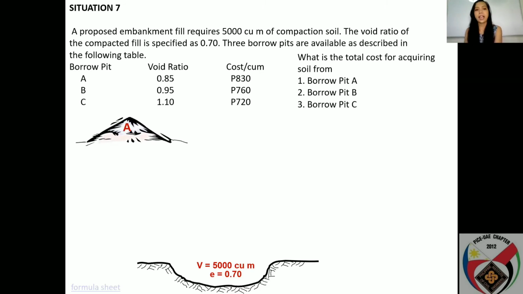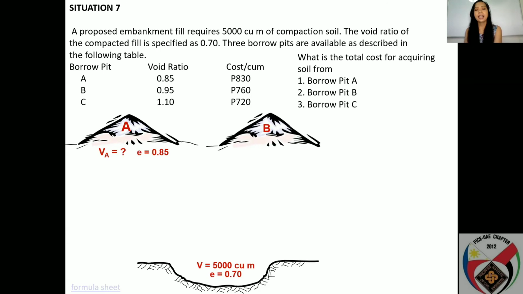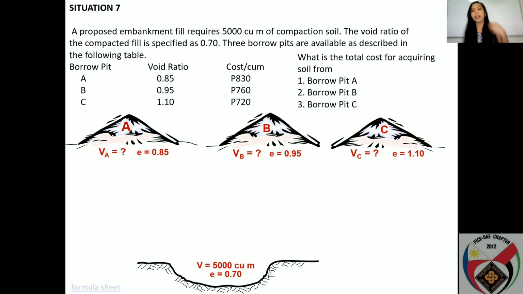Then I have borrow pits A, B, and C, and their void ratios are below them: 0.85, 0.95, and 1.1. As we said earlier, the lower the void ratio, what happens? It's denser. So, the higher the void ratio, the looser the soil.